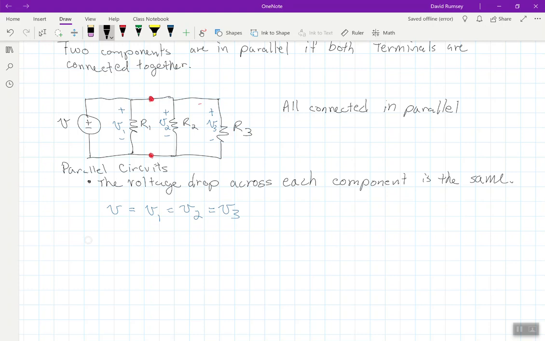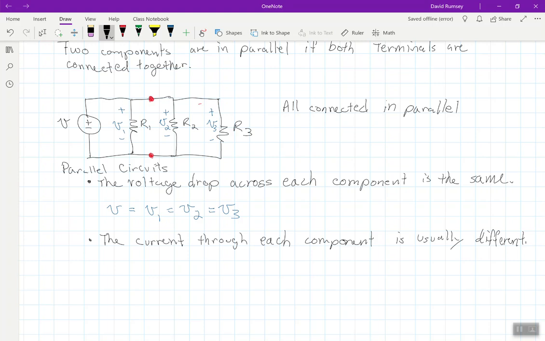Now, the current through each component is usually different. And just like in the series circuit, we can come up with a scenario where the current through each of the three resistors is the same.